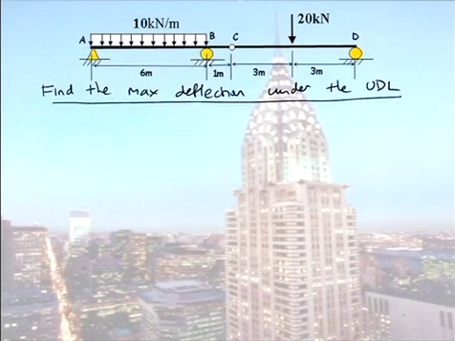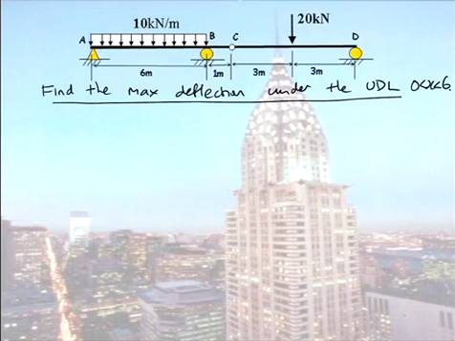Now some of you are sitting there going, oh, it's at 3 metres. No, it's not. This is not a symmetrical system anymore. So how do we find it? We know that the maximum deflection under the UDL load is somewhere between 0 and 6. So thus, in our deflection equation, we can remove all the x minus 6 terms because they're not in our equation.